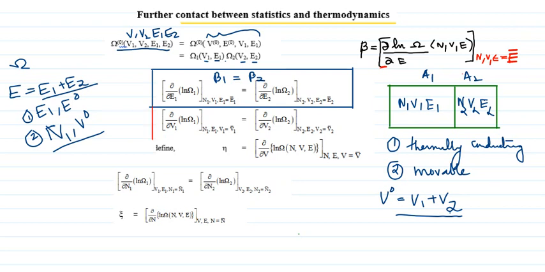Which is this one. Now here you can see that instead of E1, what you have is V1. Omega 1 is omega 1 of N1, V1, which was treated as constant in the first case. In the second case, N1 and E1 are treated as constants, right? It won't change.